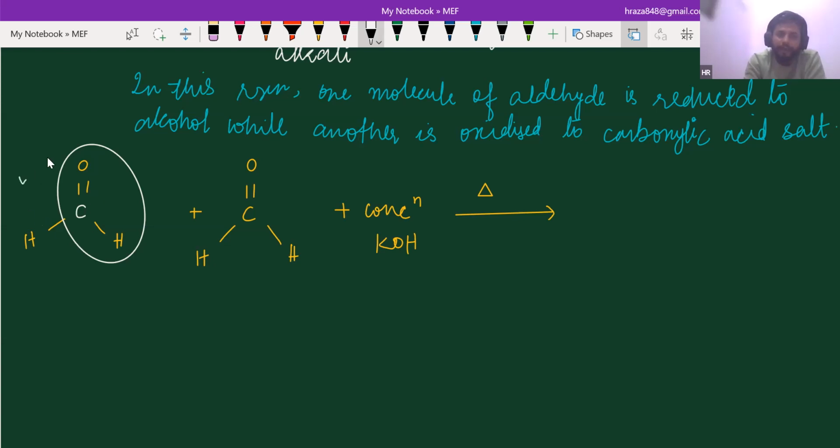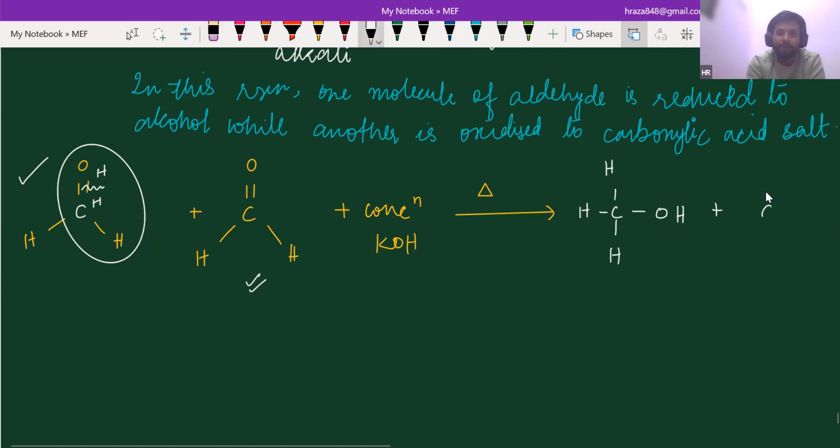One of the aldehydes will be reduced to alcohol. That means it will be like this, H and H. So I just reduced one of the aldehydes, so it will become CH3 CH2 OH. And one of the aldehydes will be oxidized into carboxylic acid. Since it is an aldehyde, you are going to make it carboxylic acid.